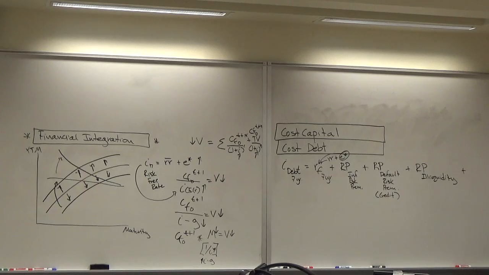What's the maturity of this bond? 7 years. Now, movements in interest rates, do they affect long bonds more, or do they affect short-term bonds more? What bonds are affected more by movements in interest rates? Which ones are affected the most by price movements?